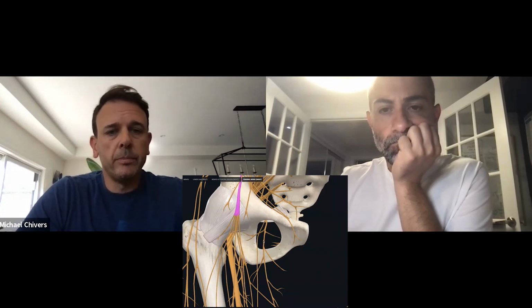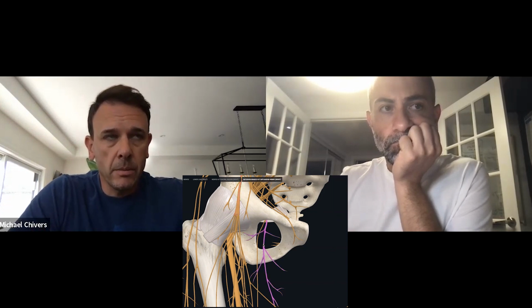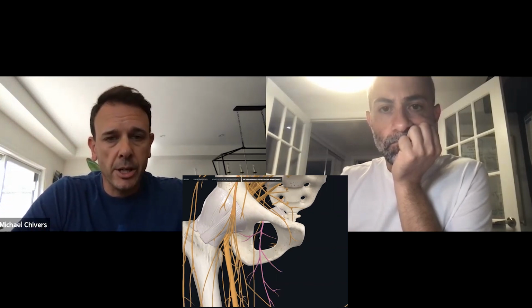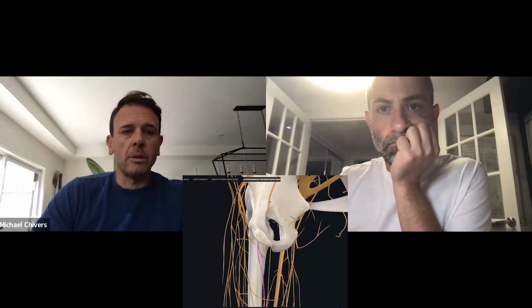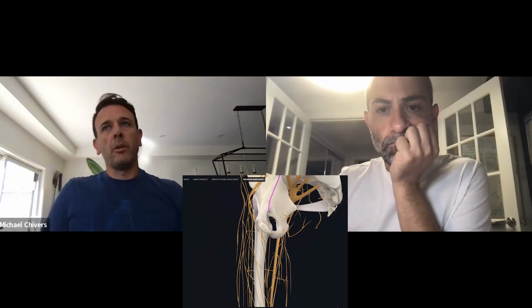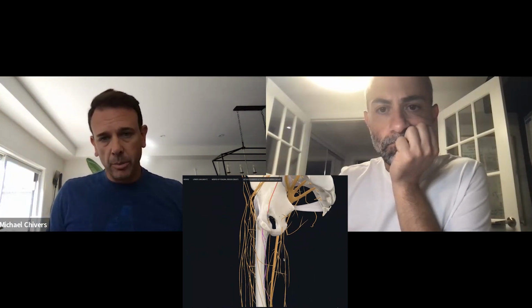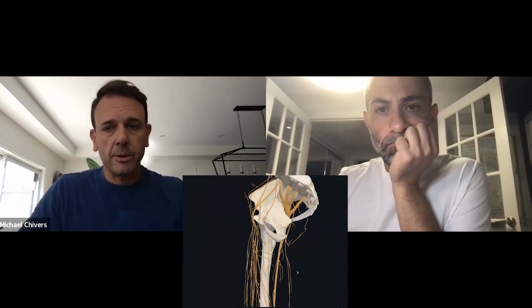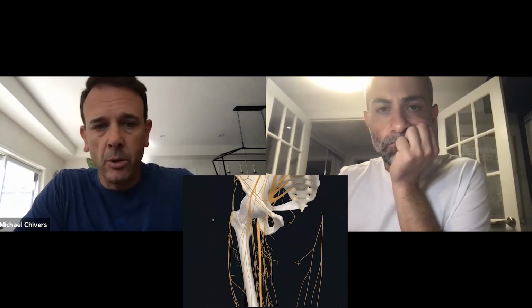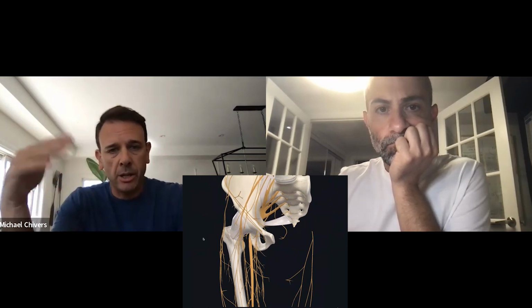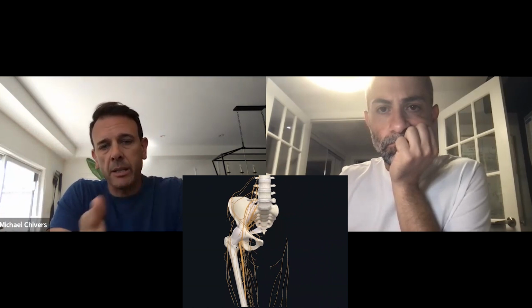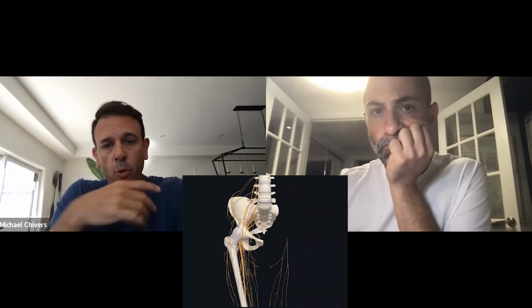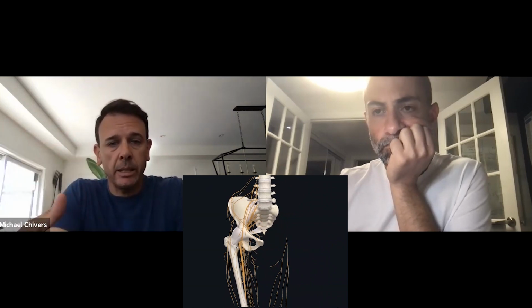So we can have referral based on nociceptive information from the hip that is being transmitted down to the knee, which then looks like the patient feels like they have knee pain, but it's actually coming from the hip. And so this dichotomization of innervation of articulations can help us understand why sometimes the client perceives knee pain in a hip joint problem.